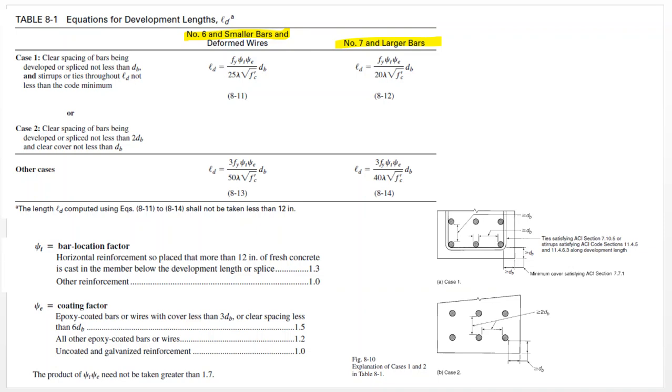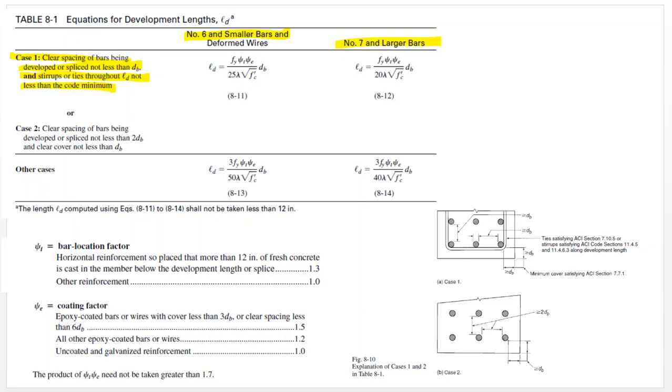So these formulas are shown here for different types of rebar, and also depending on two cases. Case number 1, whether the clear spacing of bars being developed is not less than dB, and stirrups are also used based on the minimum code requirements.